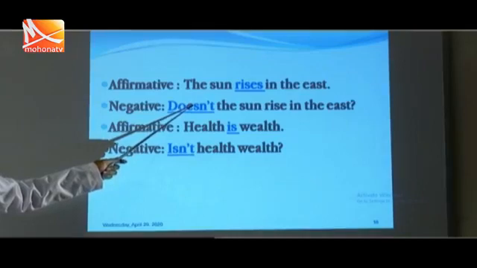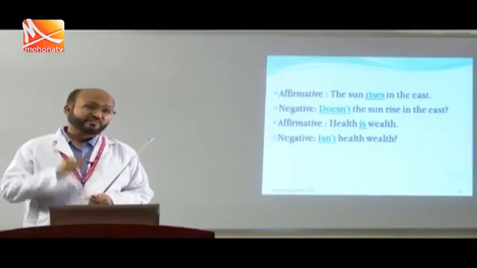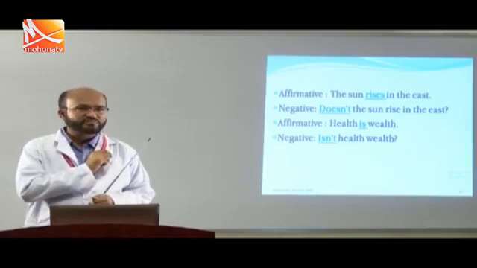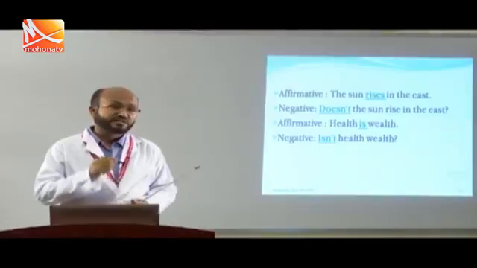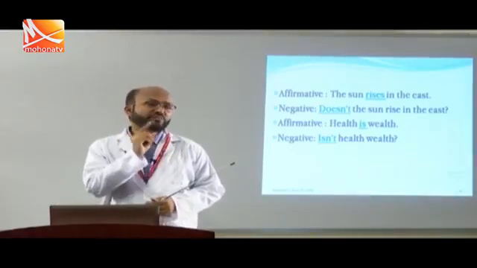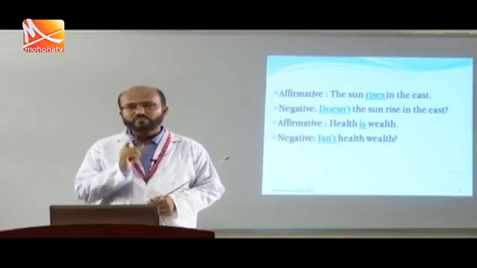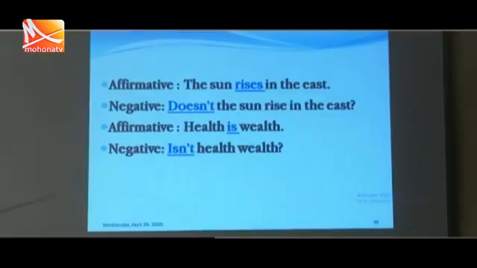This is interrogative. But we are saying that this is universal truth. So, the meaning will remain the same. So, doesn't the sun rise in the east? Doesn't. I am using doesn't. So, remember this. This is negative. But we are using here negative interrogative.